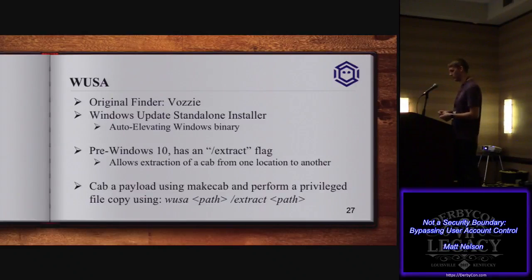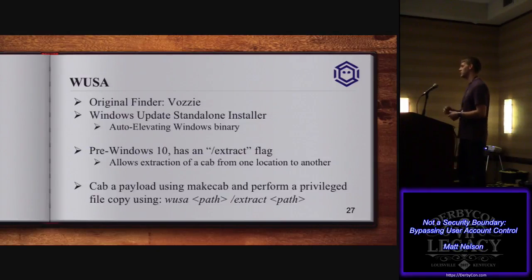Typically it's used for extraction and installation of update files. This is also an auto-elevating binary. So in its manifest, it says that it is permitted to auto-elevate without the user's approval, given that it's sitting in a system-protected path, so System32 or wherever it may reside.